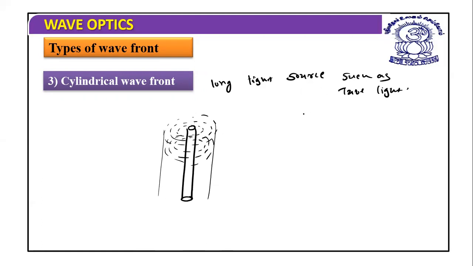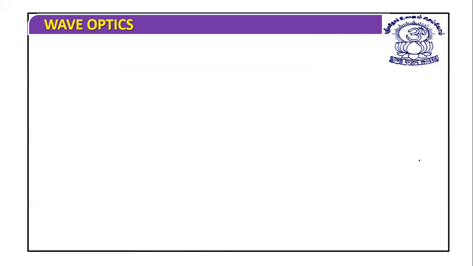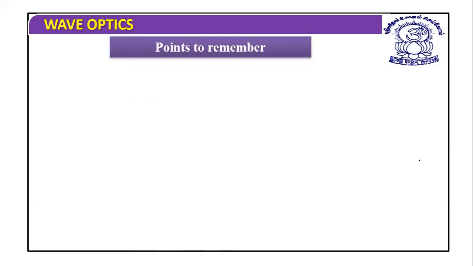This can happen with an extended or linear source at again finite distance. So finally, we can say that we can have three types of wavefronts.